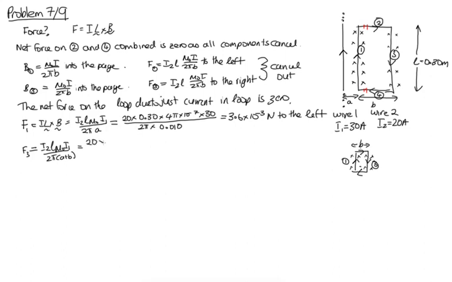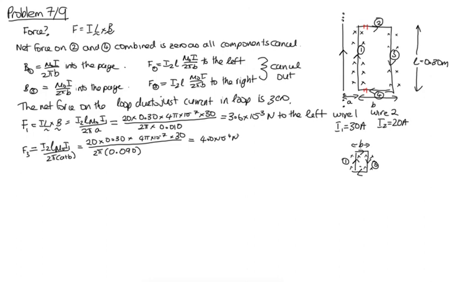So we've got 20 times 0.30 times 4 pi times 10 to the minus 7 times I1, which is 30, over 2 pi. And then we're told A is 1 centimetre and B is 8 centimetres. So 1 plus 8 gives us 9 centimetres, so 0.090 metres. And then we can solve this one on the calculator, and we get 4.0 times 10 to the minus 4 newtons.